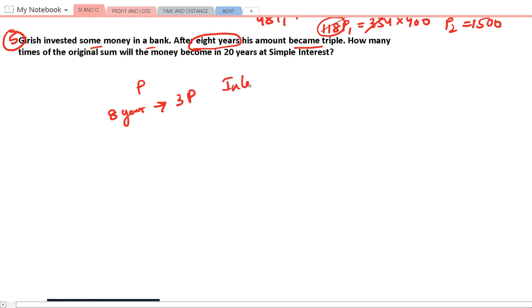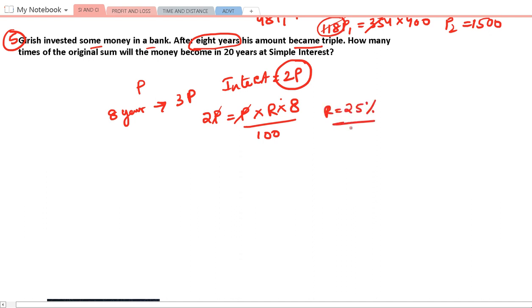So what is the interest? Interest is 2P. That means 2P interest is equal to principal into rate of interest into time, 8 years, by 100. So the rate of interest is 25%, right?